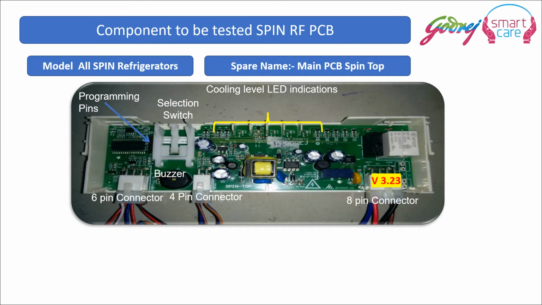This is the spin top PCB. Spin top is that version where you have a set button and you have got some LEDs of different temperature ranges, which is shown at the top of the refrigerator cabinet just above the freezer.